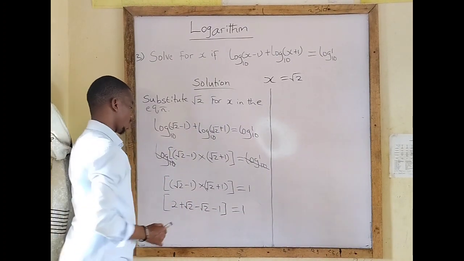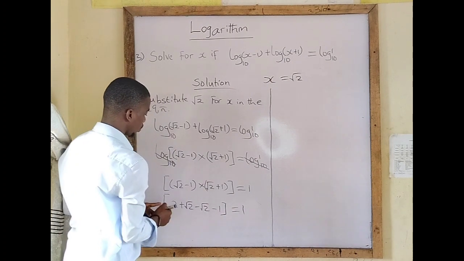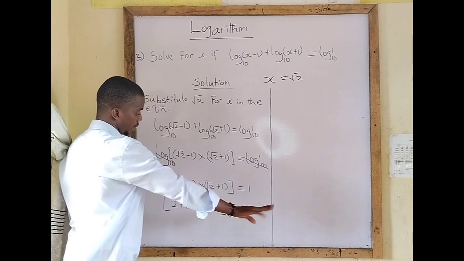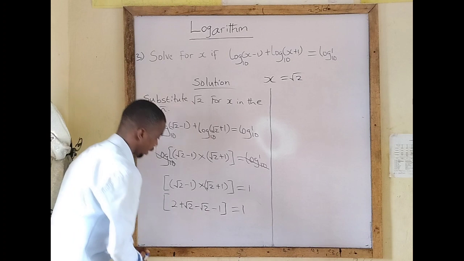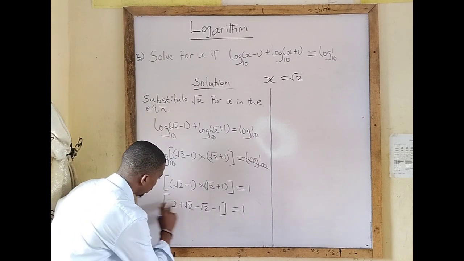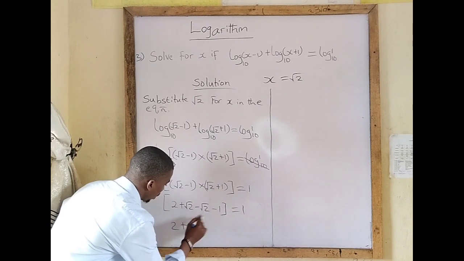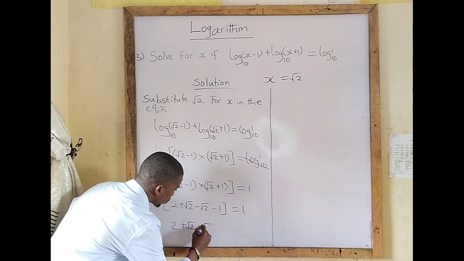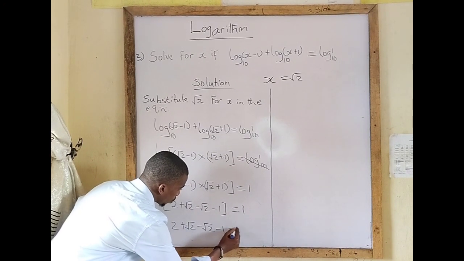All right, so if we use what is outside the parenthesis to open, which is an invisible 1, we have 1 multiplied by all of this. So we have 1 times 2, we have 2 times this, with plus root 2 and minus root 2, and minus 1, equal to 1.